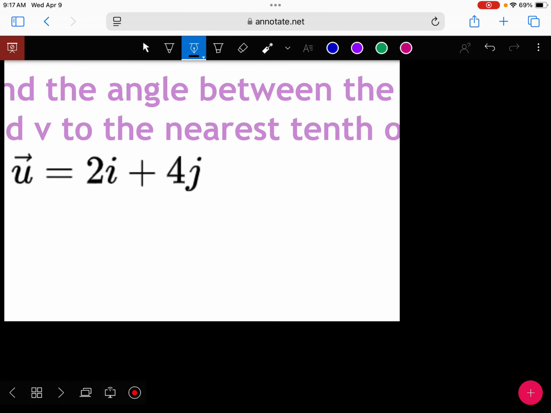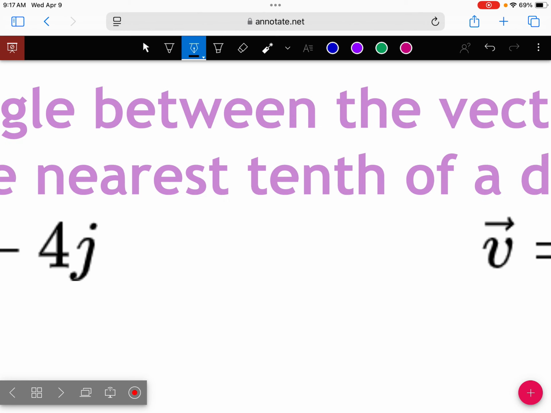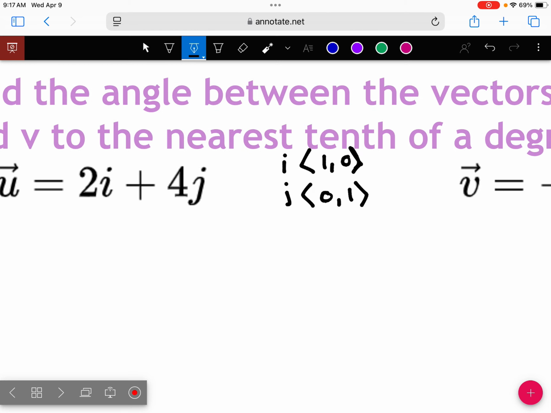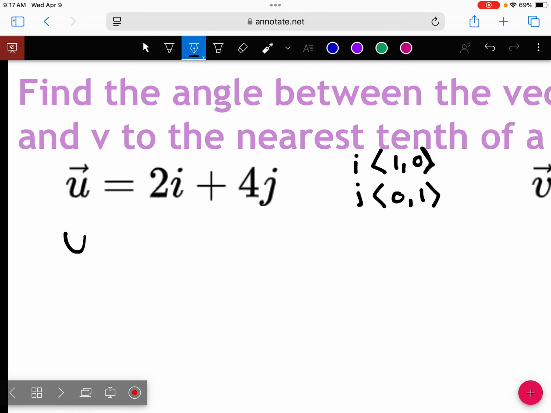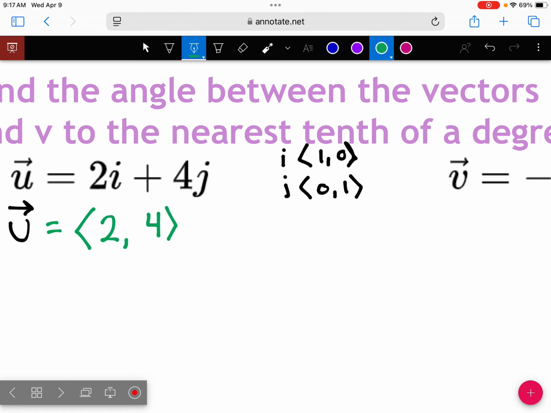The i and the j, we talked about them a while ago, but i is just the vector 1, 0, so it's just x's, and j is the vector that's just y's, 0, 1. So if we have u with 2 i's and 4 j's, that just means it's got 2 x's and 4 y's. So if you see them written as a sum, that's all it is. It's your x's plus your y's. i's are the x's, j's are the y's.